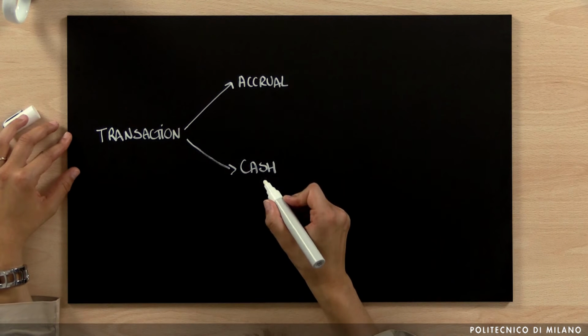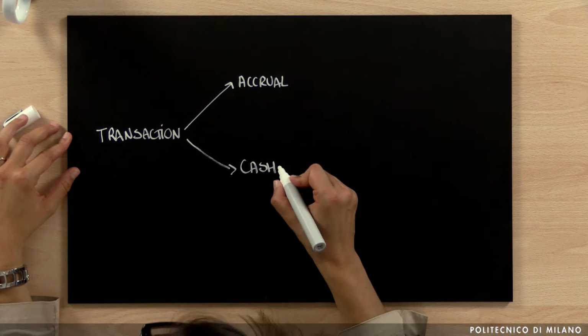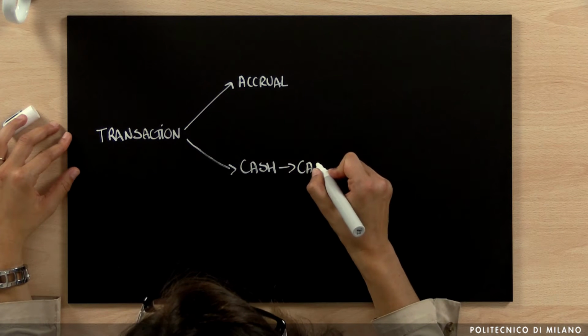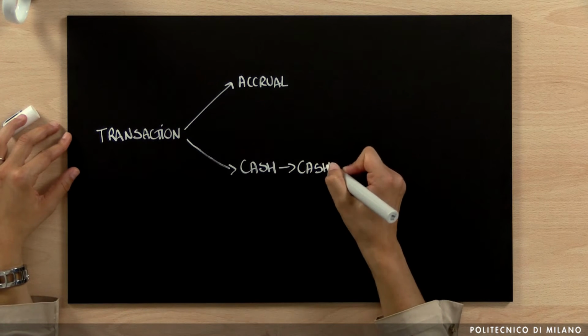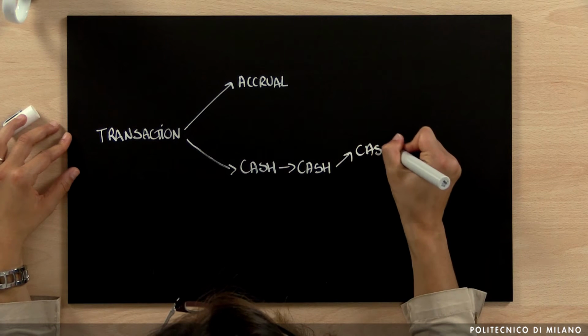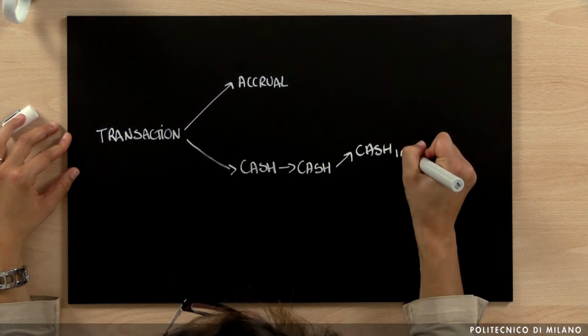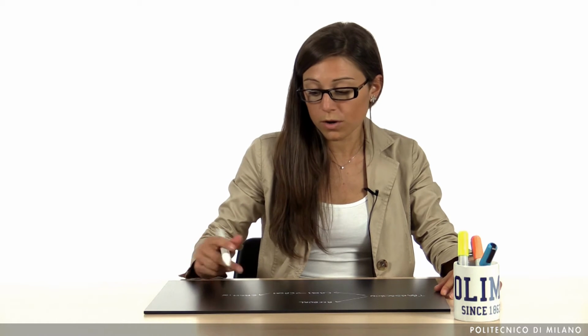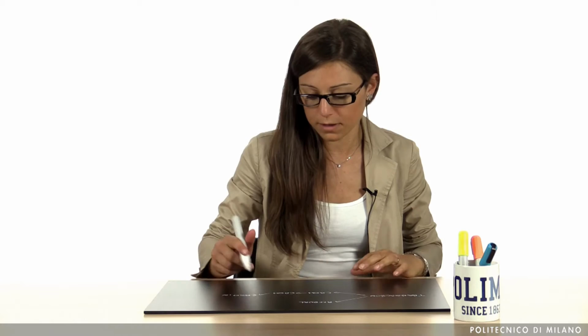Let's start from the cash logic, which is simpler. With the cash logic, the purpose is to register the cash that is associated with a certain event, which means that we register the cash in the moment in which the company receives some money. For example, if the company is selling a product, we register a cash in the moment in which the cash is received by the company.